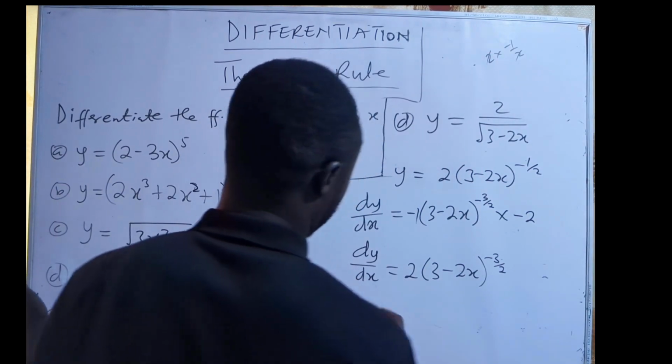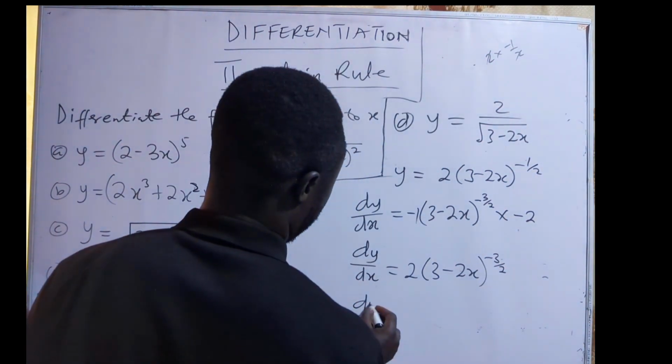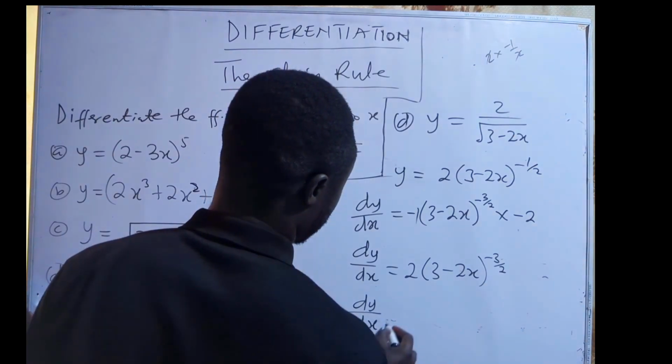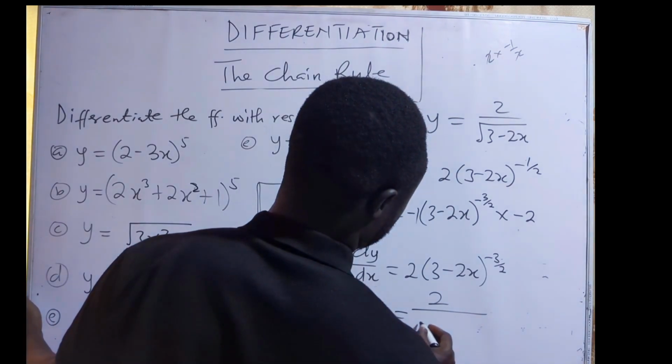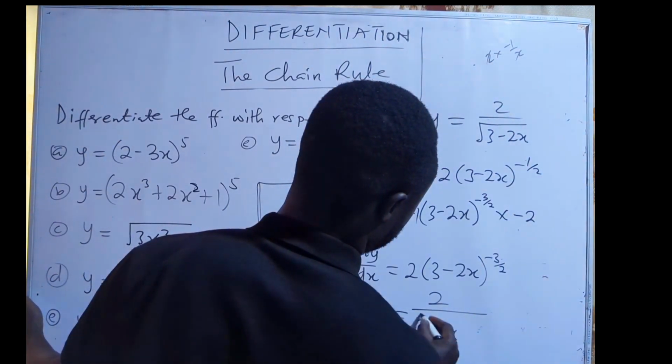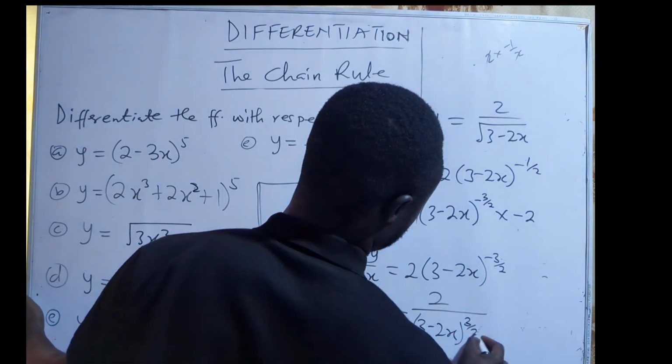So my dy on my dx can be equal to 2 divided by 3 minus 2x all to the exponent of 3 on 2.